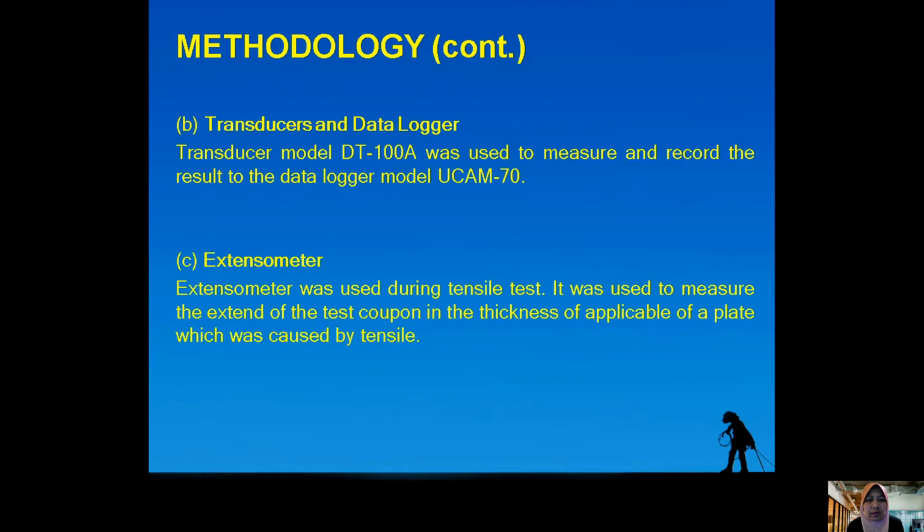The next one is the extensometer, which was used during tensile tests. It was used to measure the extension of the test coupon in the thickness of the applicable plate caused by tension.